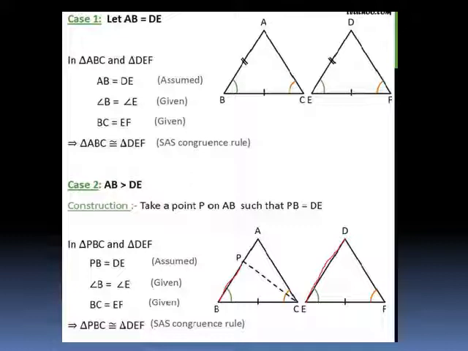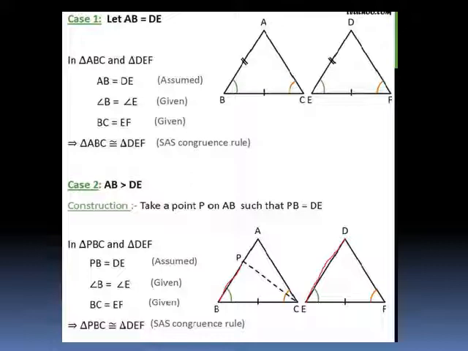Triangle PBC and triangle DEF are taken in this case. PB equals DE, as we have already taken in the construction. Angle B equals angle E, given in the question. BC equals EF, also given in the question. This implies triangle PBC, which you can see in the figure, is congruent to triangle DEF.